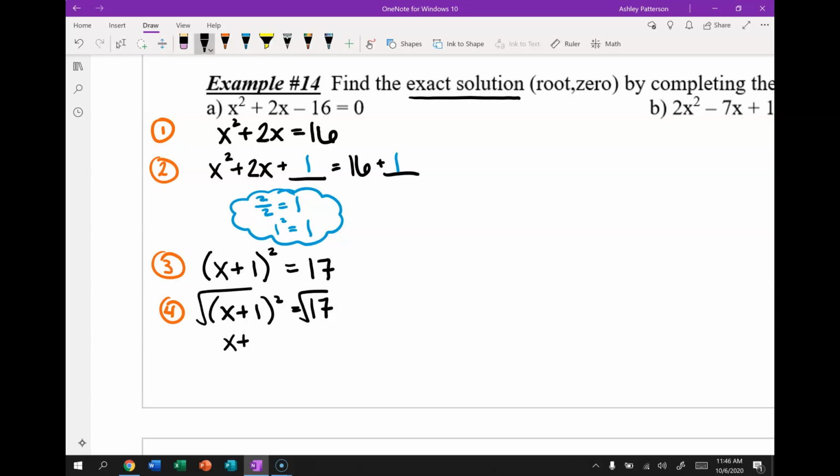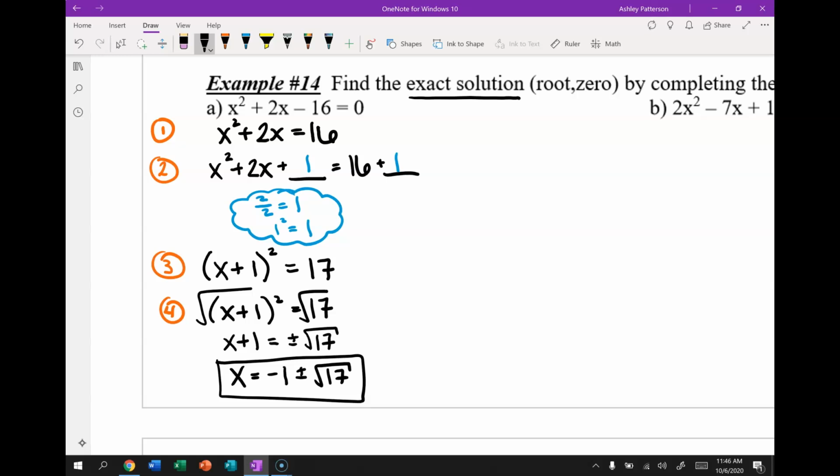We get x plus 1 is equal to plus and minus. Remember, we're solving for a squared term, so we could have the plus and the minus of that value. And then we subtract 1, so x is equal to -1 plus and minus the square root of 17. It said exact. I cannot simplify the square root of 17 any further, so I am done.